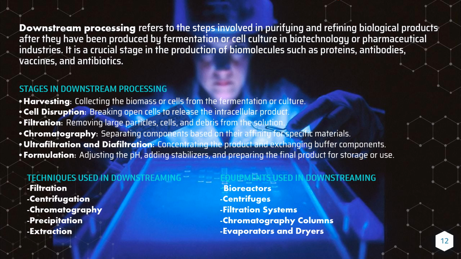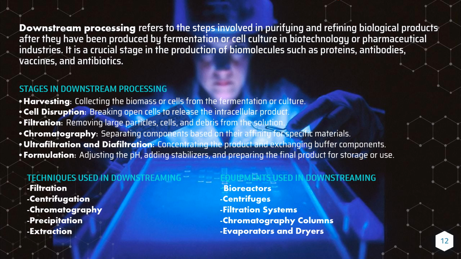We have mechanical methods by which you can do cell disruption. One is bead milling. In this method, cells are agitated with tiny beads in a chamber, causing them to rupture due to collision with the beads. Another one is high pressure homogenization.